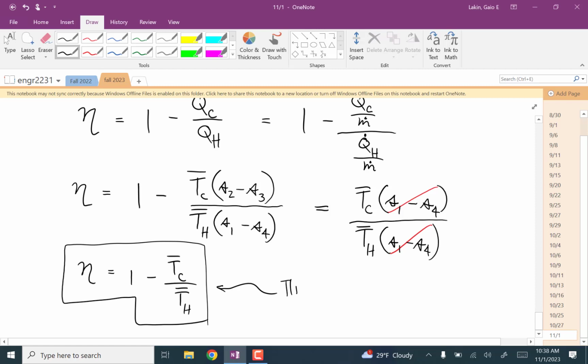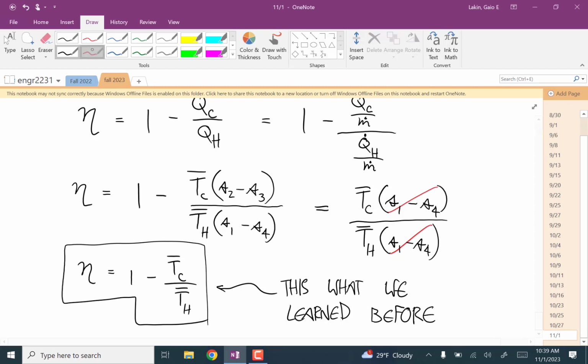This is what we had before. And this step here is because S1 is equal to S2 and S3 is equal to S4.